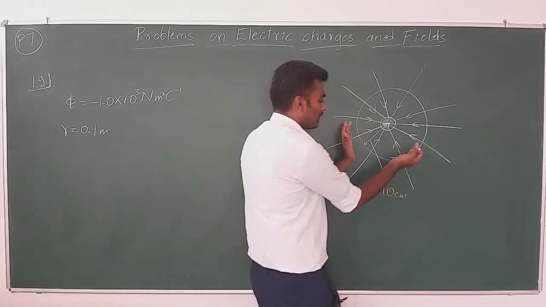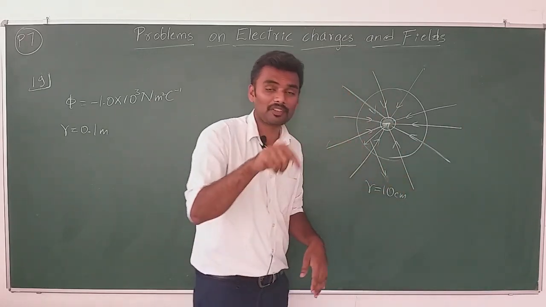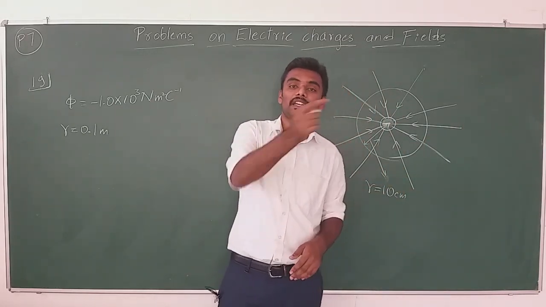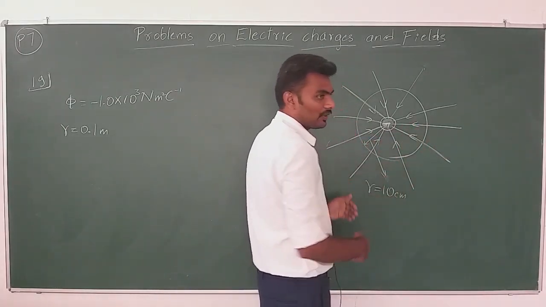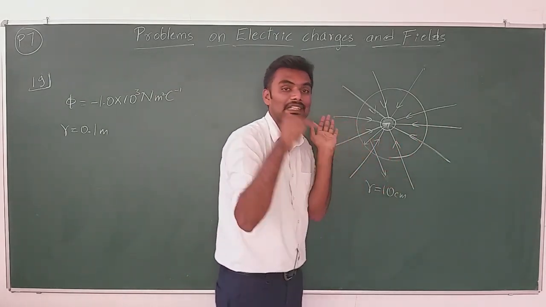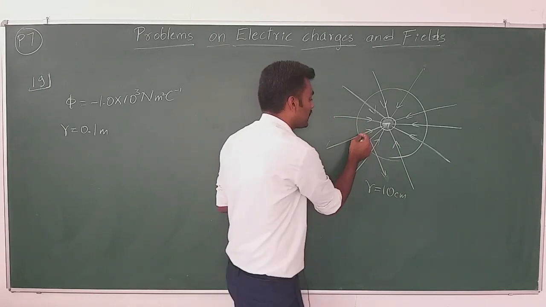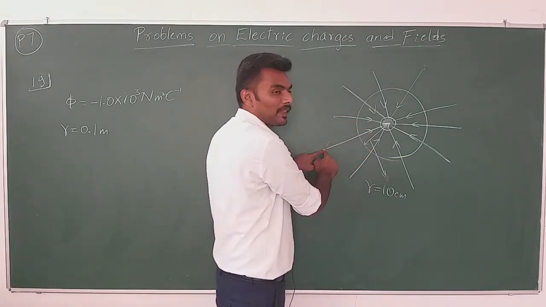Because you can see that when the surface increases, obviously surface is increasing, the formula says phi is equal to EA cos theta. Now, sir, A is increasing, no? At the same time, yes, A is increasing, E is decreasing. The value of electric field at this point is more compared to the value of electric field at this point.